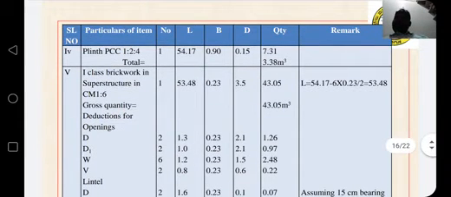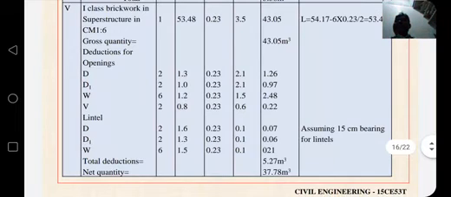The first class brickwork in superstructure in CM 1:6. The total length of the wall is 54.17 minus 6 into 0.23 by 2, length 53.48. Breadth is 0.23 and depth is 3.5 meter. Total quantity is 43.05 meter cube. The total deduction for openings: D, 2 numbers, 1.3 into 0.23 into 2.1, around 1.26.